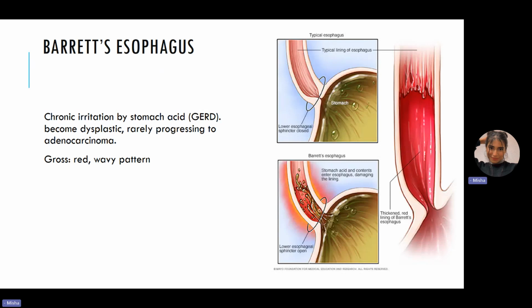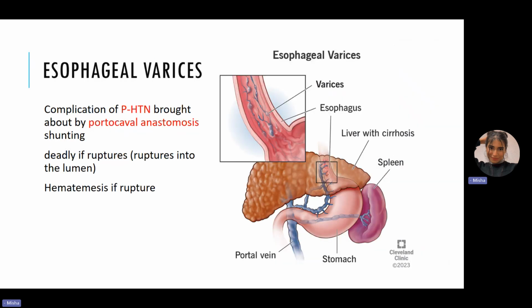So now let's talk about esophageal varices, the last part. Now, I'm sure you already know what they are, and you know that they're just dilations of the vessels which are present within the esophagus, right? So, it's a dilation of the submucosal esophageal veins. The complications are mostly from portal hypertension, we know that, which is mostly due to the portocaval anastomosis shunting.